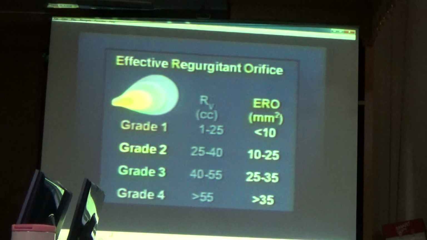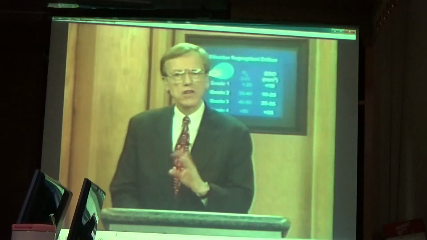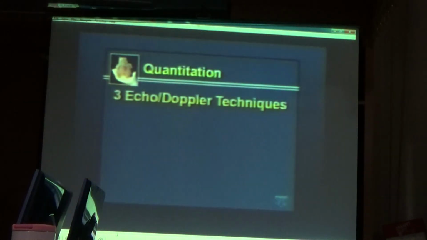We're going to talk mainly about mitral regurgitation for these examples. And the regurgitant orifice, once you reach moderately severe to severe, is going to be around 30 to 35 millimeters squared. So you have a large orifice as well as a large volume, and you kind of have the idea of what the ranges are, and you're probably unfamiliar with these numbers. But let's go through it.